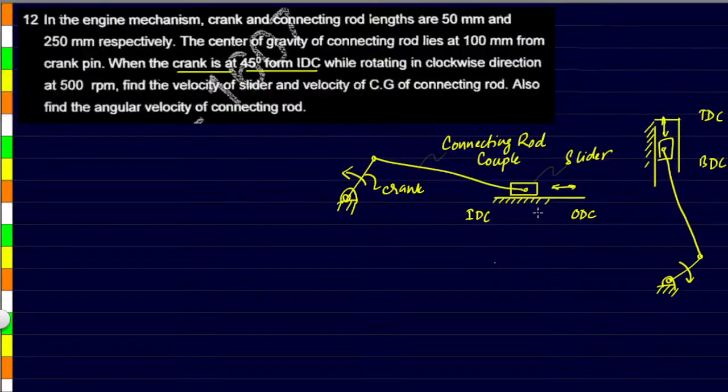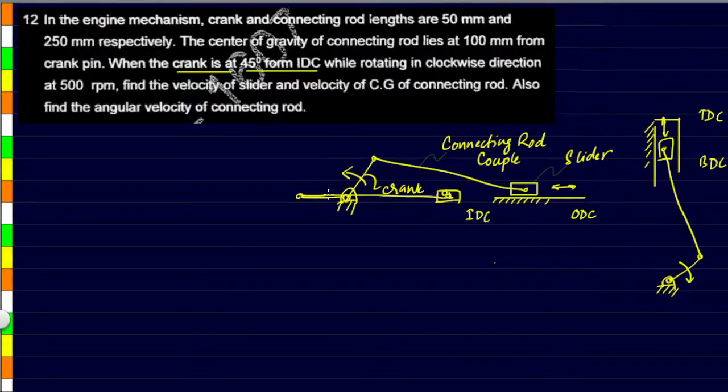Inner dead center is when the piston is on the extreme lower side. When the piston is on the extreme lower side, the crank will be in this position, the coupler is going to be in a straight line, and the slider will be somewhat like this at inner dead center.